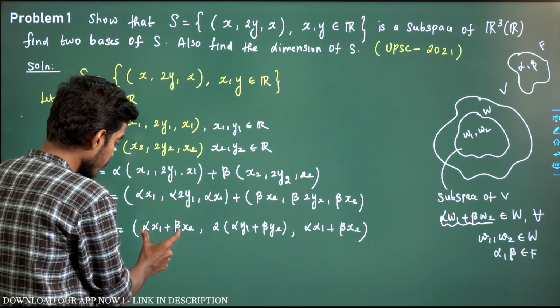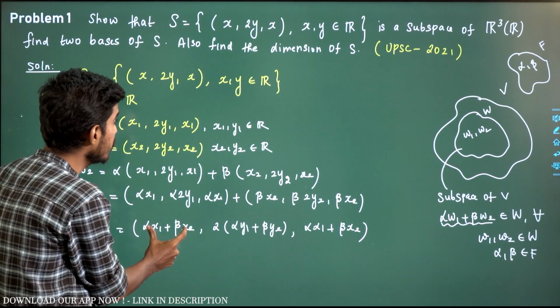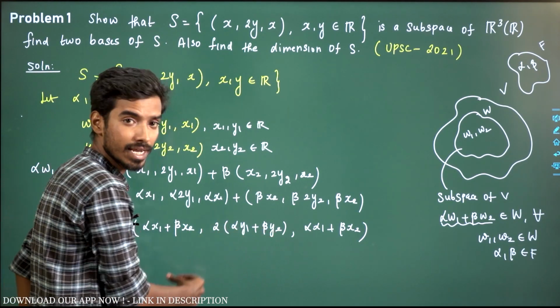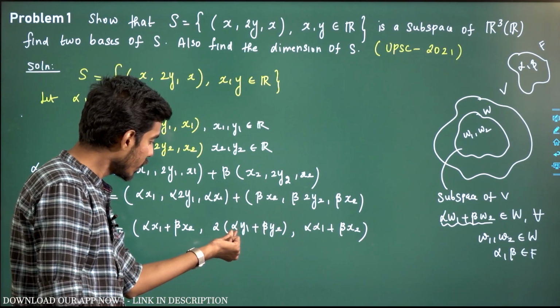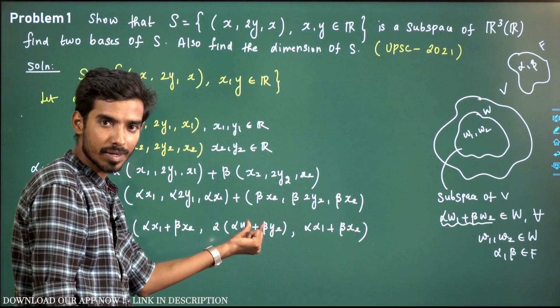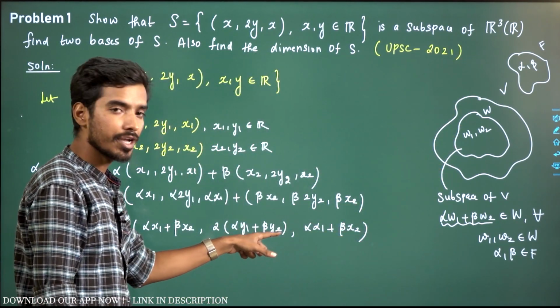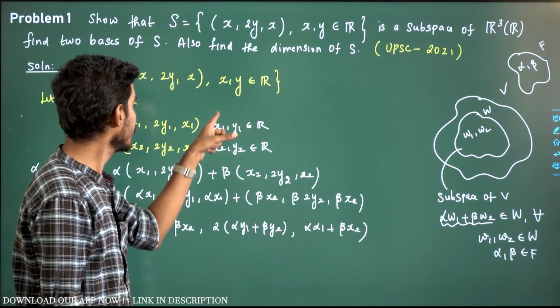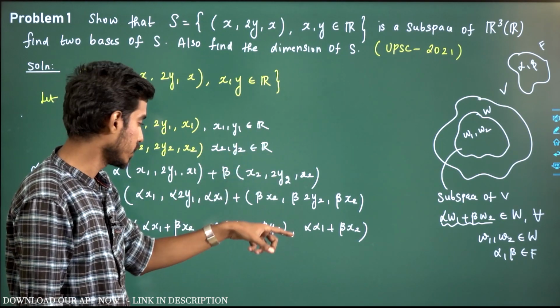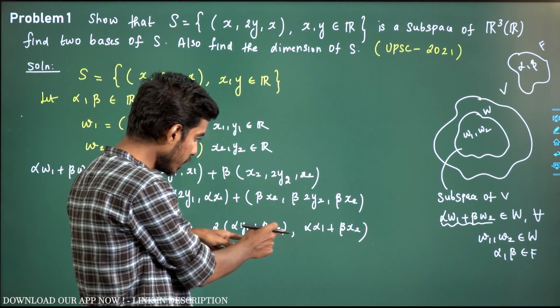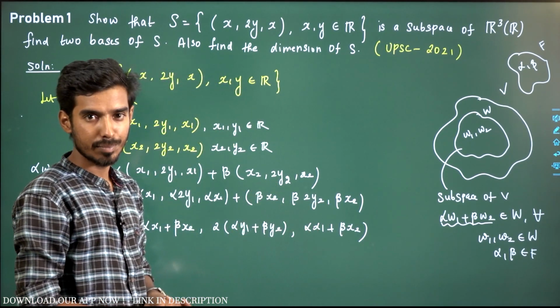So this will be a real number, and 2 times this will again be a real number. Alpha, beta are from the field, our field is the real numbers, and y1, y2 are again in R. So this combination is a real number, and this combination is also a real number.